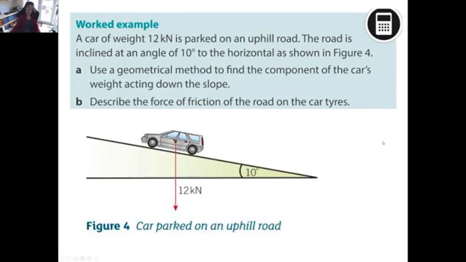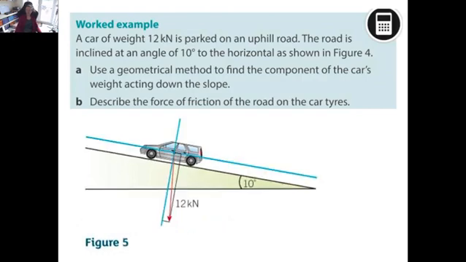So I'd like you to pause the video and have a go at working that out.